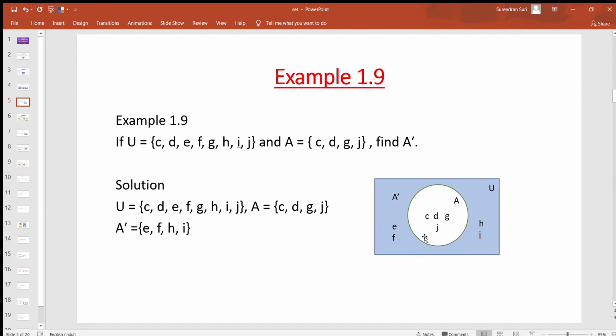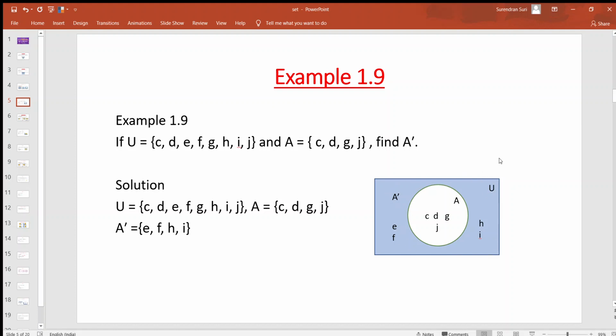Now let us see example 1.9 where the universal set is given. If U is equal to the set of C, D, E, F, G, H, I, J and A is equal to the set of C, D, G and J, find A complement. See the Venn diagram.